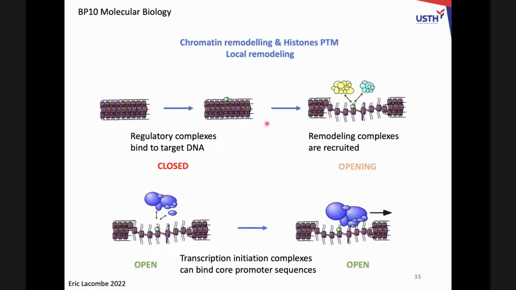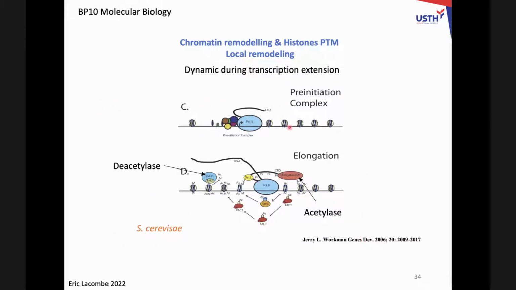Technically, in this last part of this slide, we have RNA Pol2 plus general transcription factors. Chromatin is open, but just at the TATA box. And this step is exactly this one.